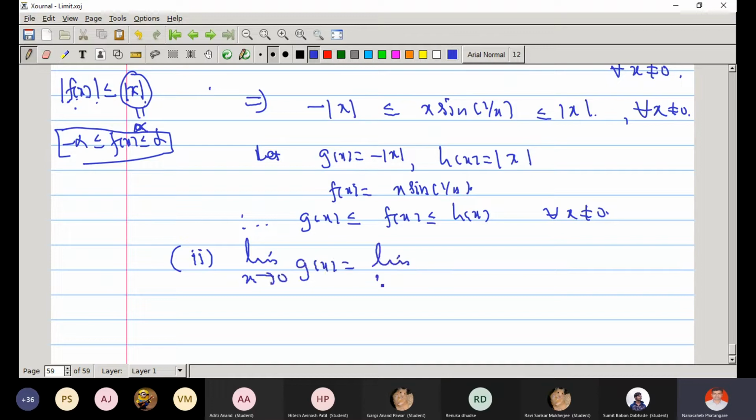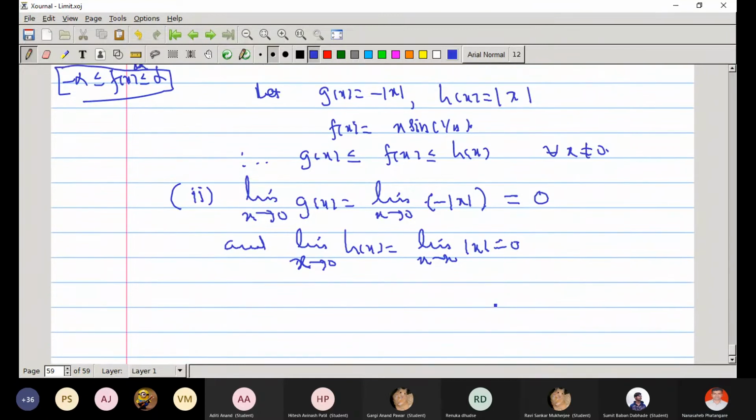That means what is the limit as x tends to 0 of minus the absolute value of x? What is this limit? 0. And what is the limit as x tends to 0 of h(x)? That means the limit as x tends to 0 of the absolute value of x, which is 0. And now compare, look at the previous inequality.